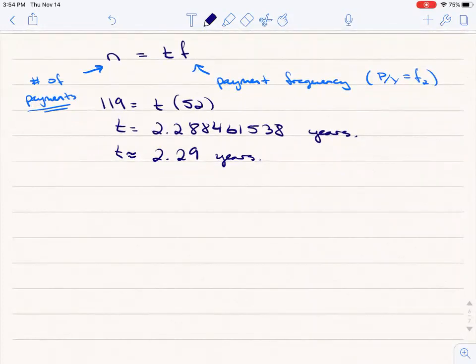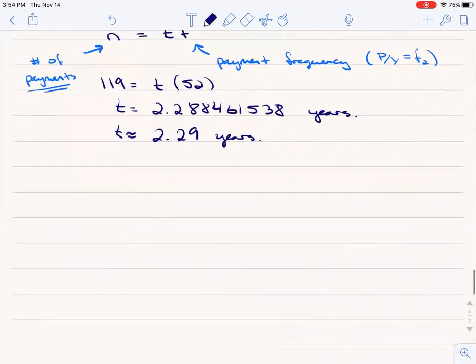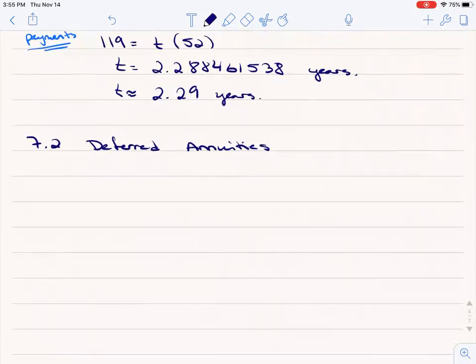Let's get into section 7.2. 7.2 is on deferred annuities. So a deferred annuity is when the payments that we're making or that we're getting, depending on the situation, are deferred, so put off for some amount of time.